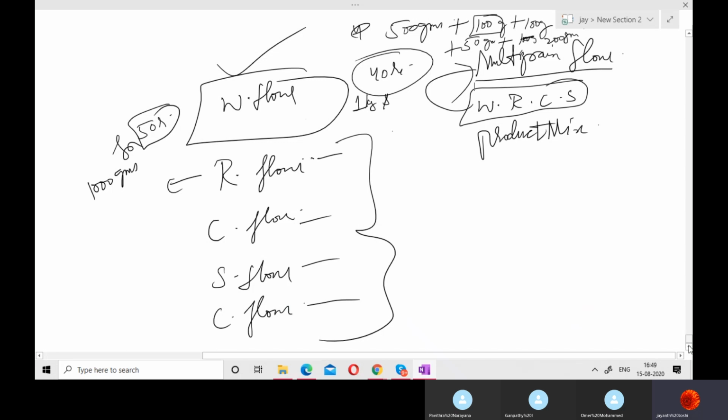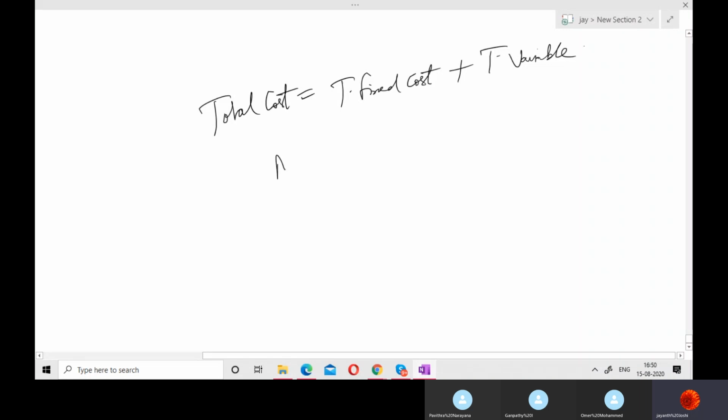So at any point of time, total cost is total fixed cost plus total variable cost. Now you always know, whatever product you make, suppose I am a mobile phone manufacturer.